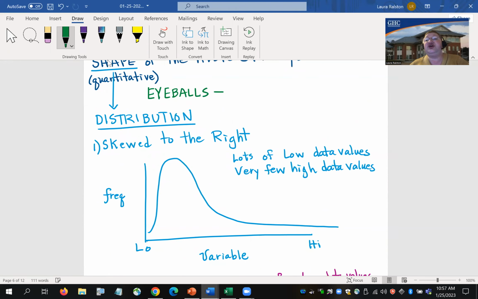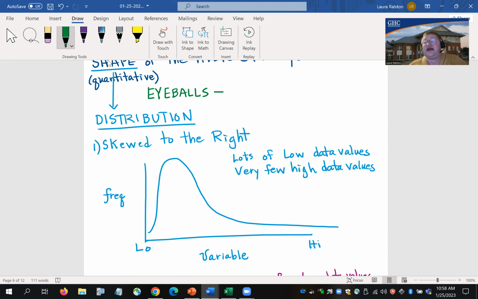If you're just looking at the graph with your eyes, you can maybe get a good estimate, whether it's skewed left, skewed right, or symmetric.